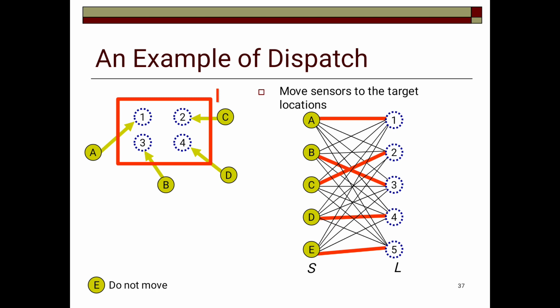Move sensors to the target locations. We do not move E because 5 is a virtual location, but we move A to 1, B to 3, C to 2, D to 4. An example of dispatch. So A, B, C, D are kept like that. Okay?